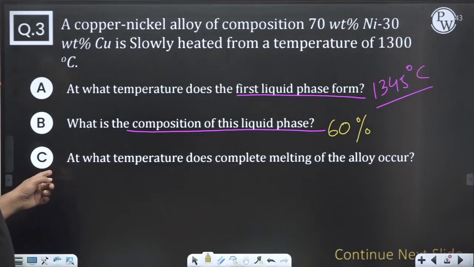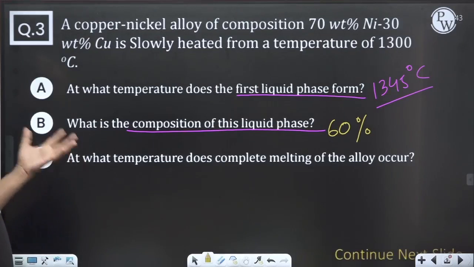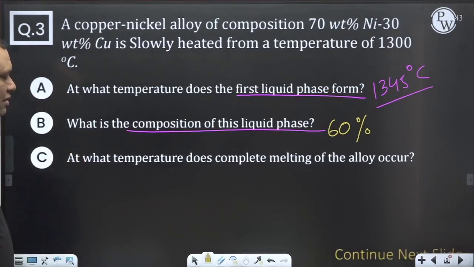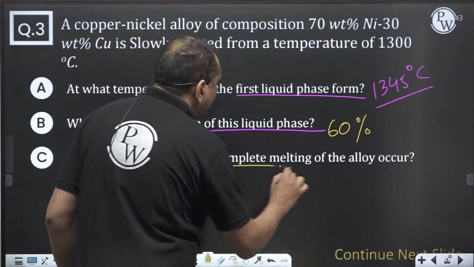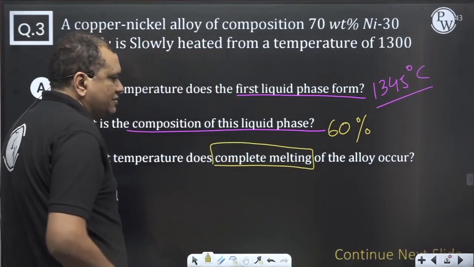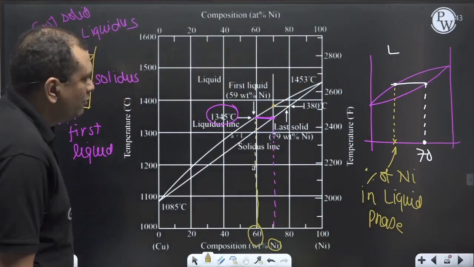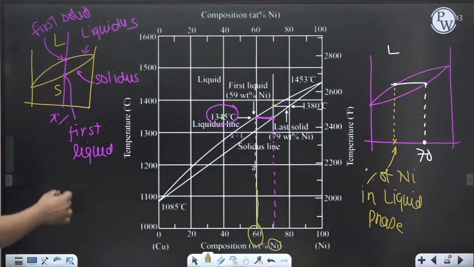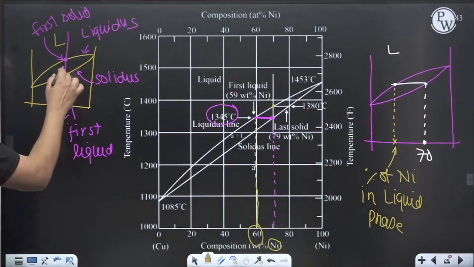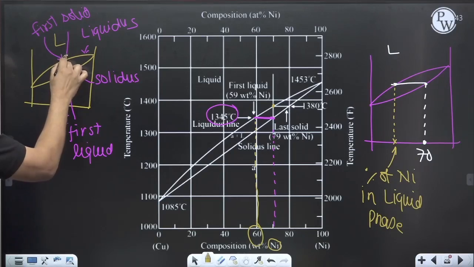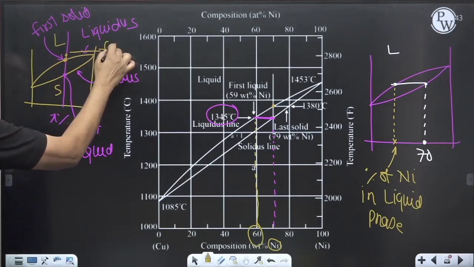Now the third question is, at what temperature does complete melting of the alloy occur? When we are heating like this and the temperature goes beyond this point, it is a complete liquid.